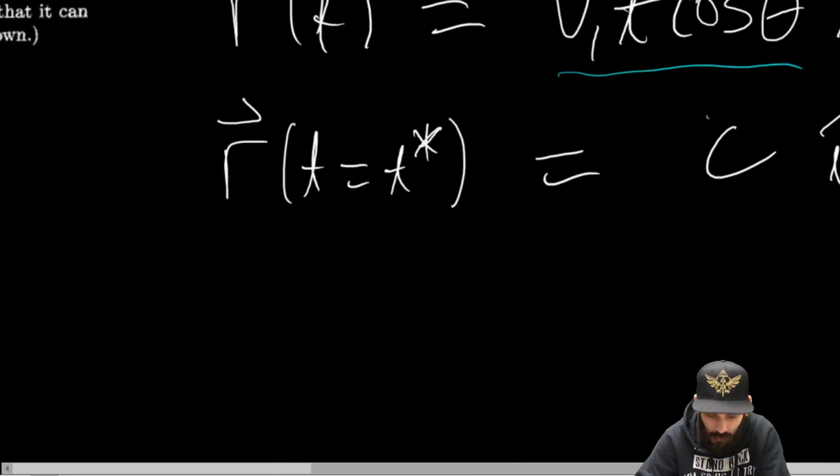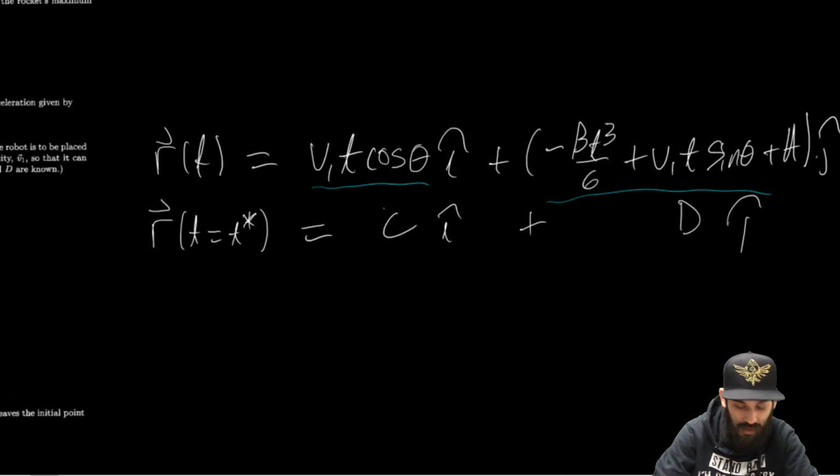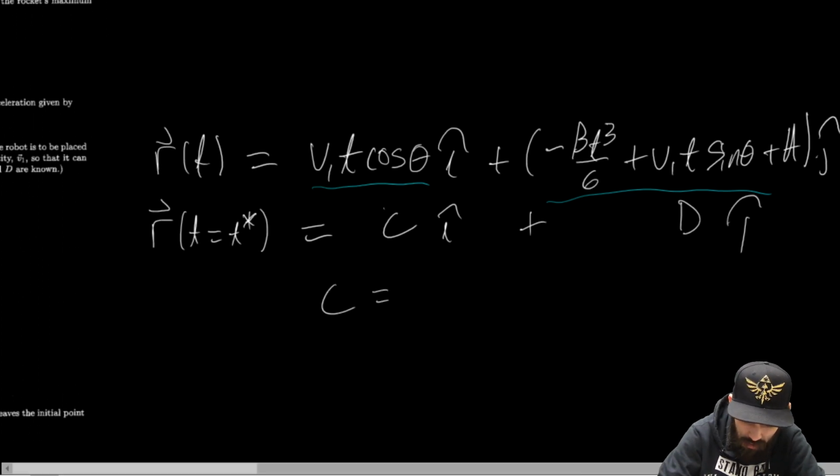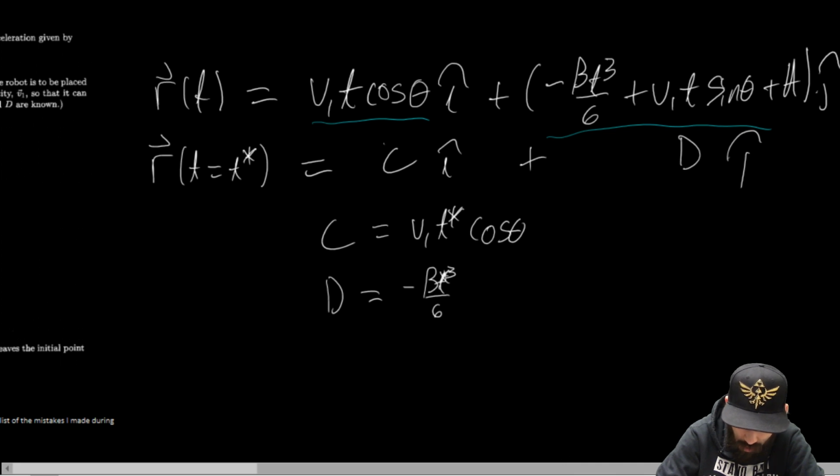Okay, so when we do this, we have c equal to v1 t star times cosine of theta, and d equal to minus beta t star cubed over 6, plus v1 t star times sine of theta plus a.